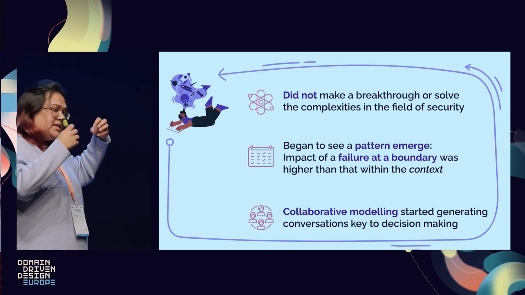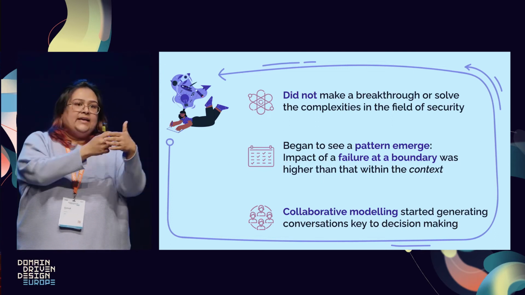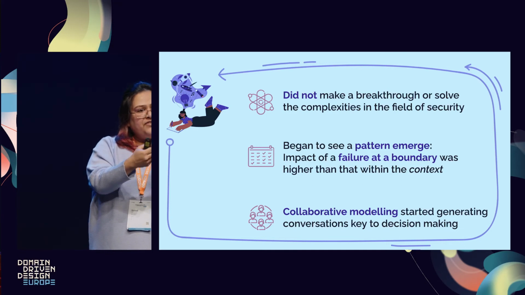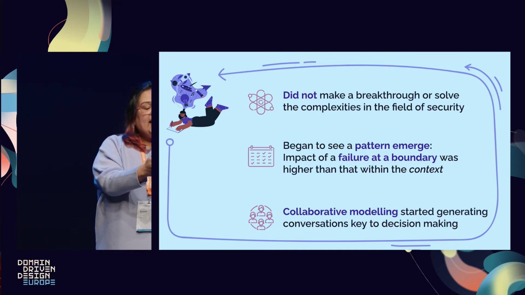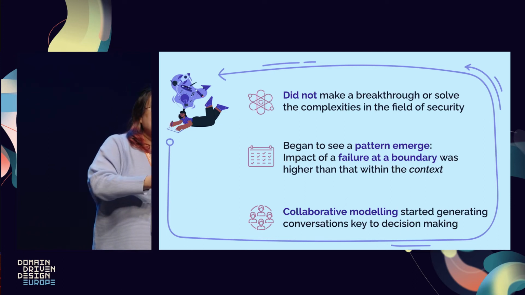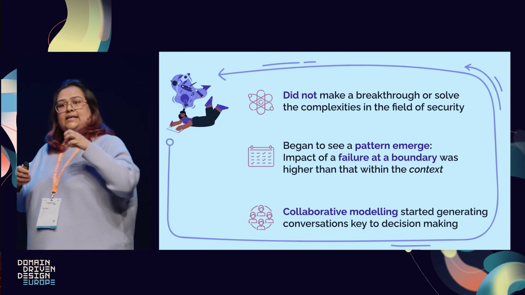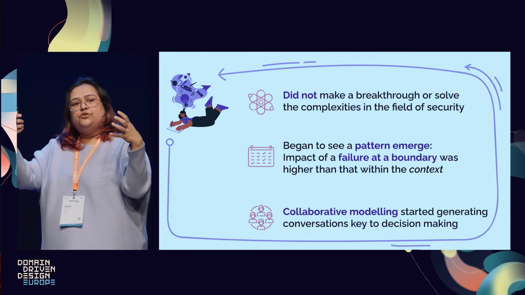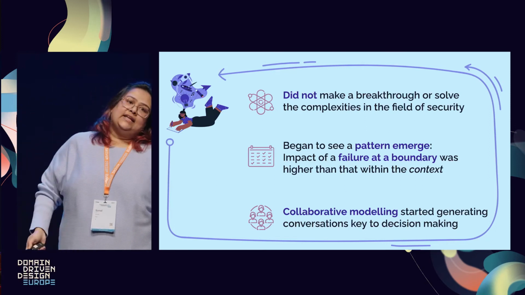We found that when you find those boundaries or those seams and test the impact of failure at a boundary, it correlates more closely to a security risk and the need for a control than if you're looking at two events just within a context or within a boundary.